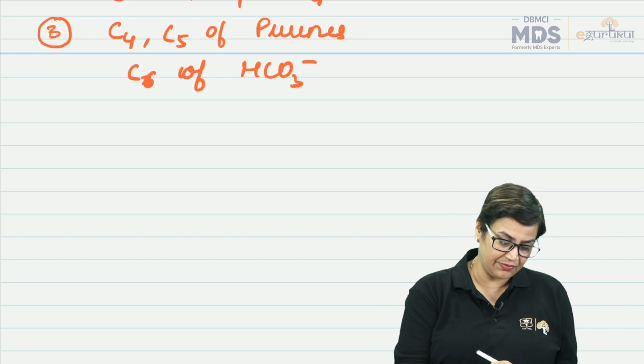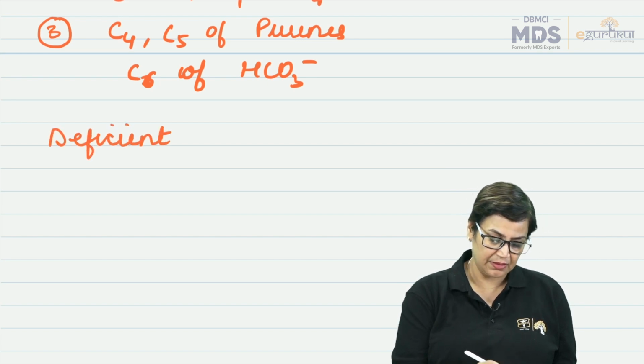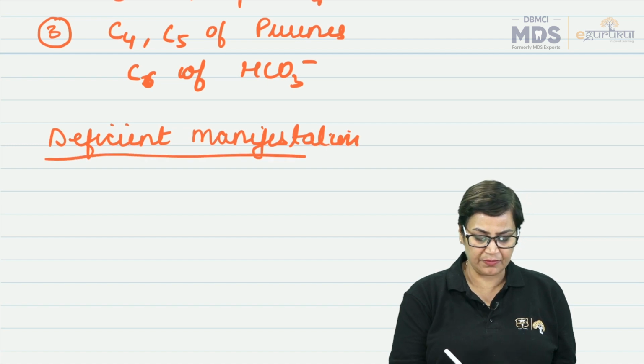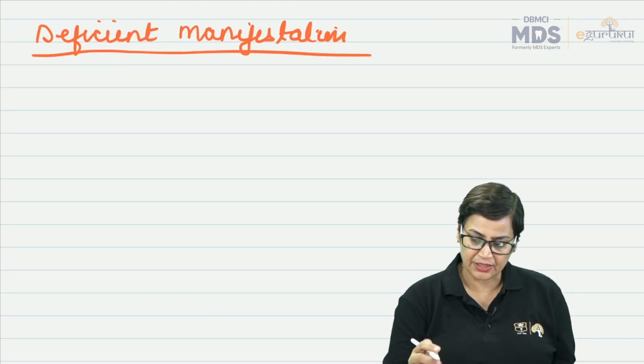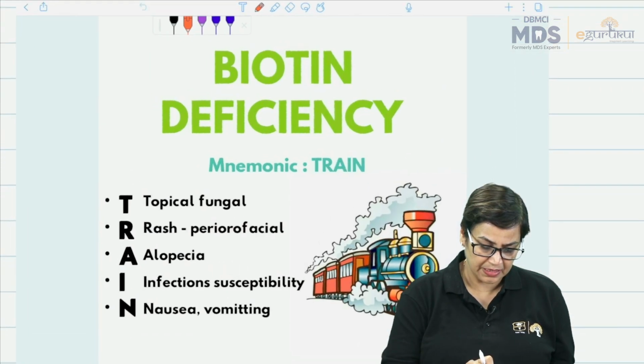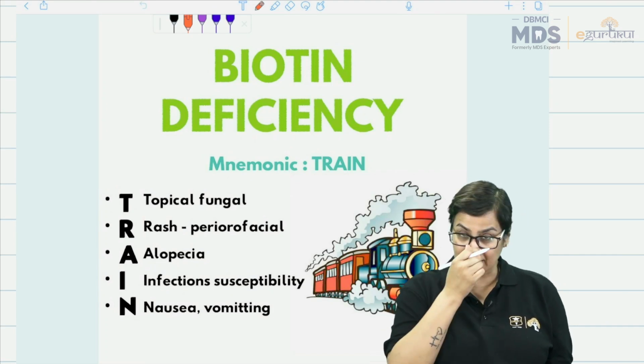Now, after this, we come over to the deficiency manifestations. Again, I have taken one picture. I'll just see biotin deficiency. See, the mnemonic is TRAIN. Okay, how you can learn it?